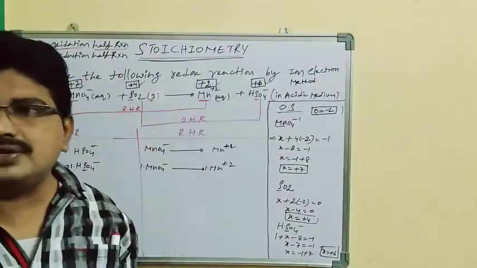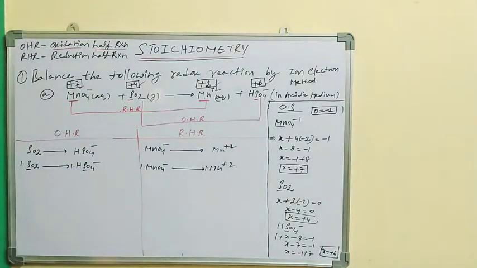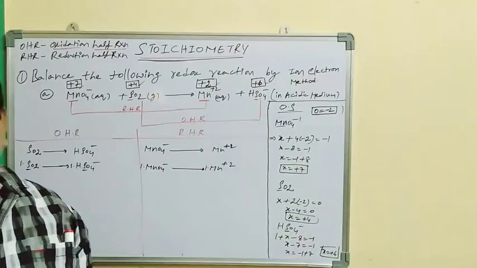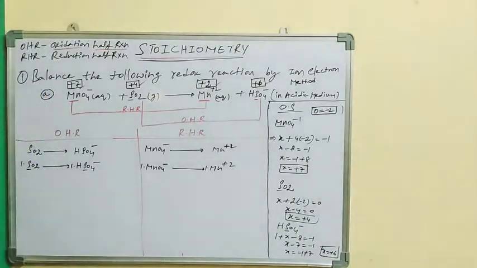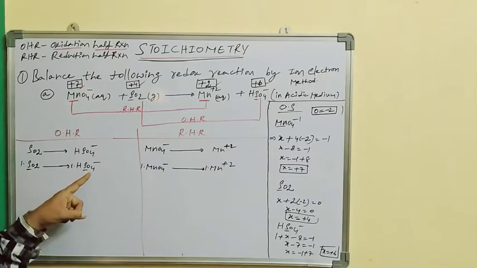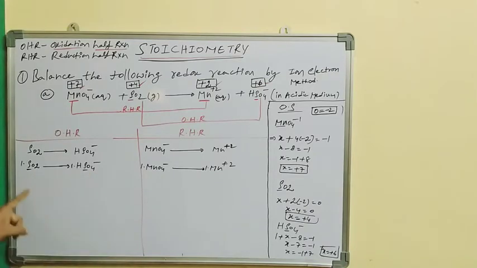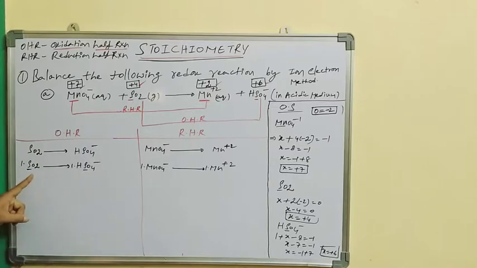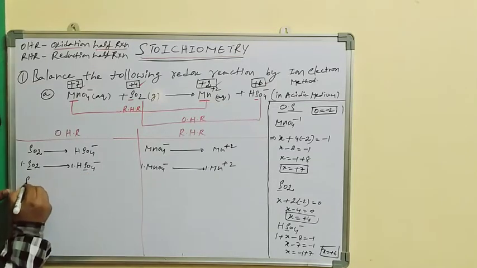Next step, balancing oxygen atoms by adding water molecules to the deficient side. Here on the reactant side 2 oxygens are there, on the product side 4 oxygens. There are more oxygens on the product side, so 2 oxygens are deficient.